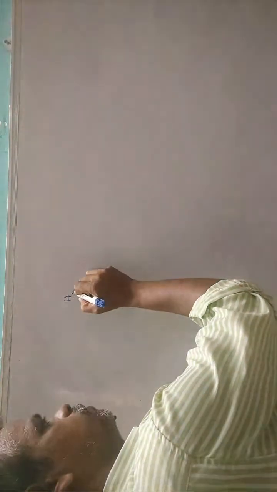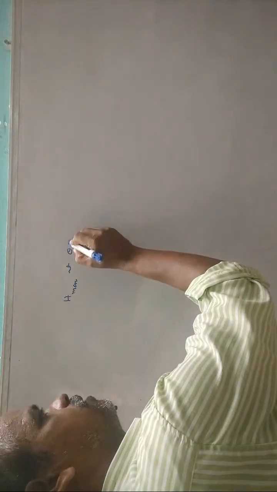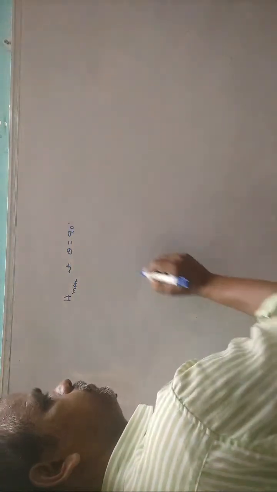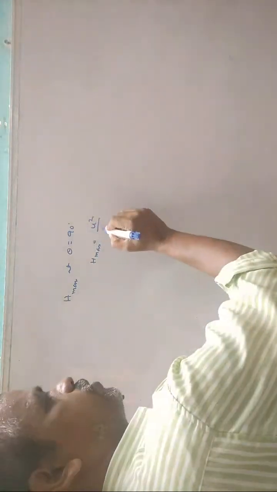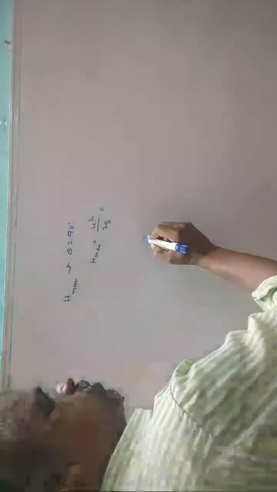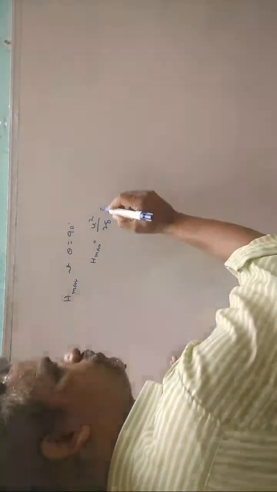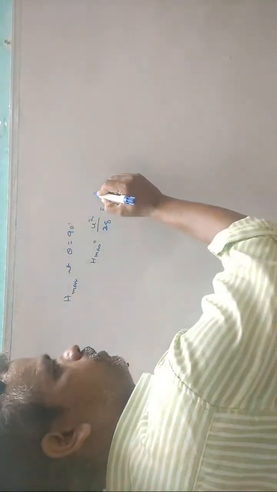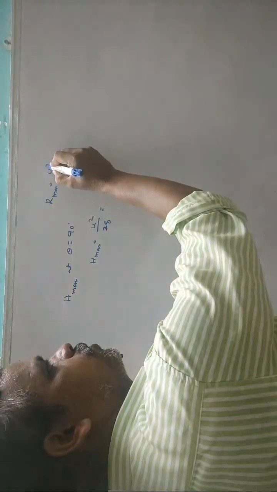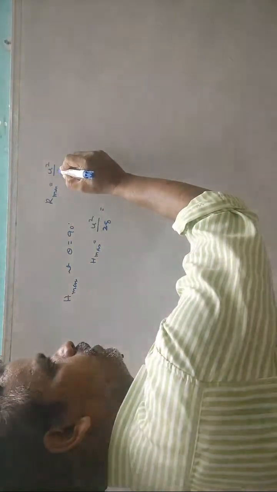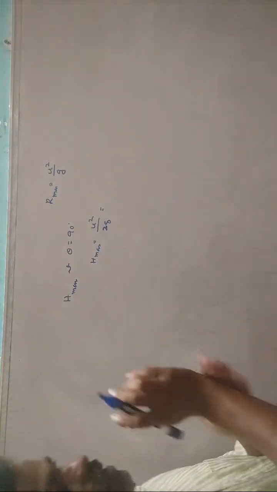Okay, next. What is the relation between H max and R max? H max at theta equal to 90 is u square by 2g, and R max equals u square by g.